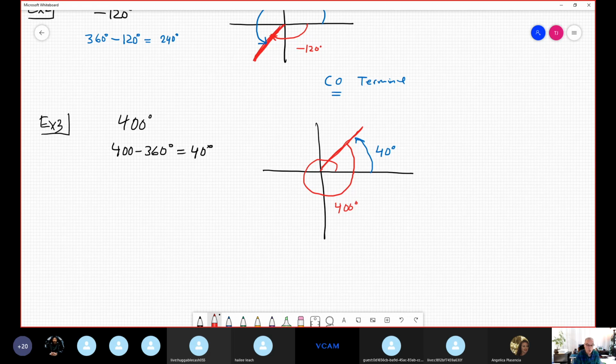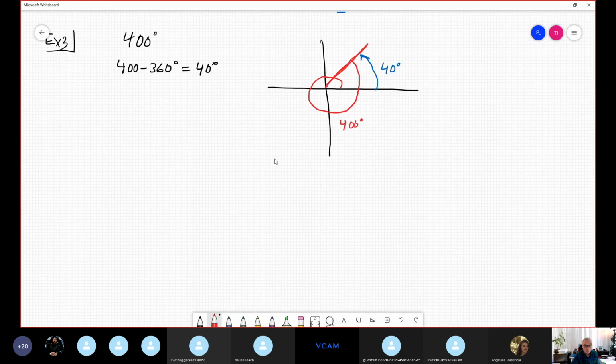Okay, one more. Example 4. This is important in the future. 750 degrees. Wow, this is too large. Say I have no idea.